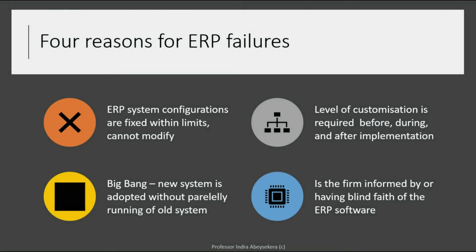the ERP system software can have limits on configurations and may not allow you to modify those configurations to suit the enterprise business model. The second is the level of customization required before, during, and after implementation by the enterprise.